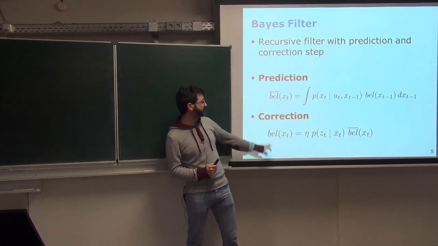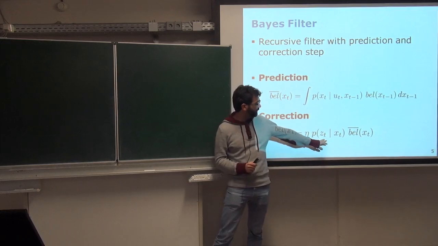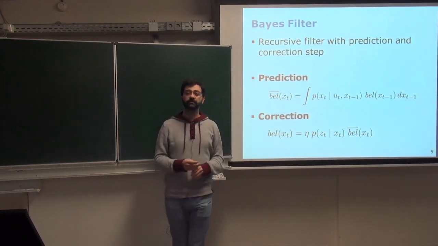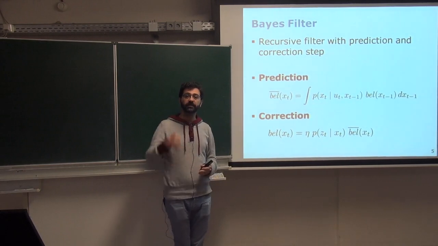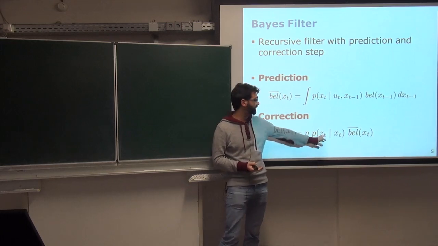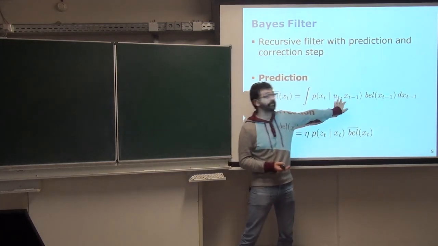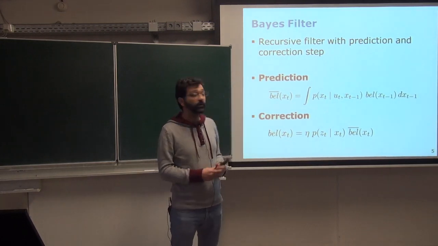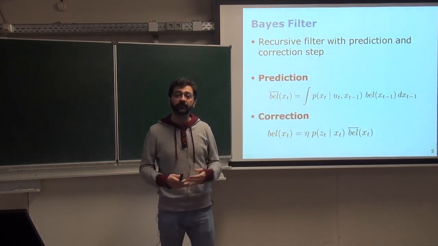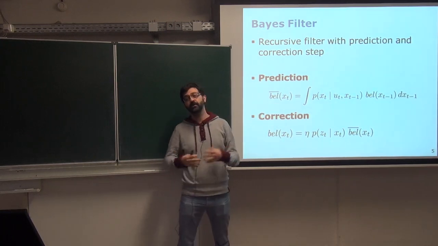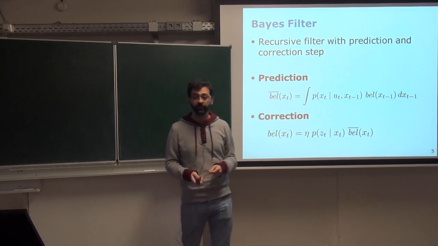For the correction, again, we will have a nonlinear observation model affected by Gaussian noise, and we will consider an approximation of this to the first order. By considering the first order approximation, this one becomes linear, this one becomes linear, and we are again in the nice framework of the Kalman filter, where we can update our statistics of the distribution, so mean and covariance, using the Kalman filter formulas.